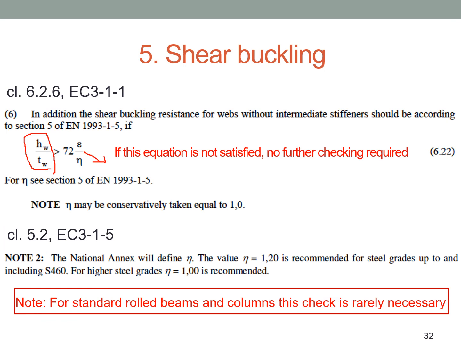However, if this equation is not satisfied, it means that hw over tw is less than 72 epsilon over η, then we don't have to do further checking. Okay. For standard rolled beam and column, this check is rarely necessary. So normally we get hw over tw is less than 72 epsilon over η, so we ignore this shear buckling checking.